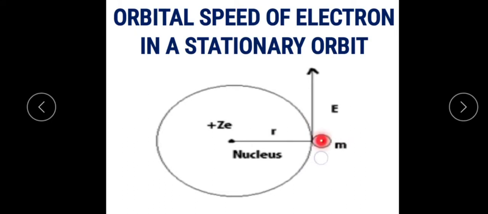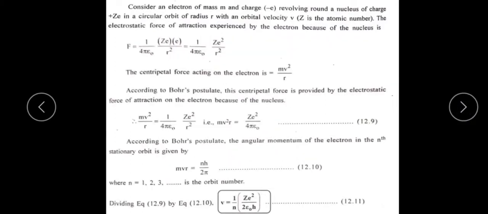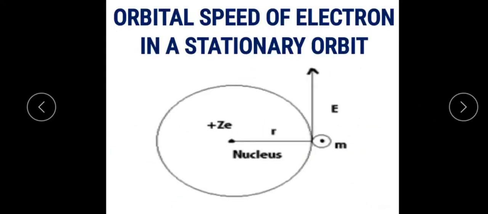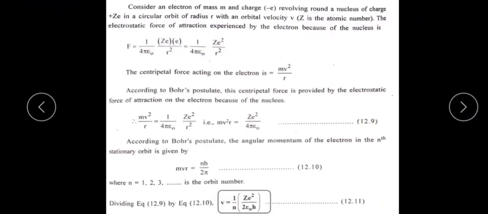Hence, the electrostatic force of attraction experienced by the electron due to the positively charged nucleus is F. According to Coulomb's law, F is equal to 1 divided by 4 pi epsilon naught, q1 q2 divided by r square.